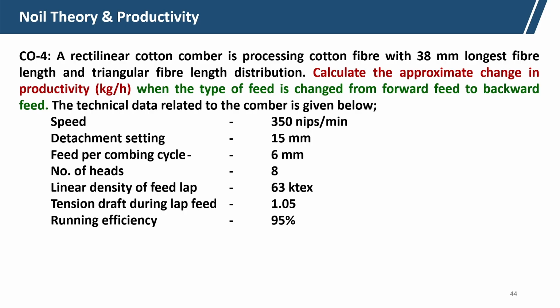Calculate the approximate change in productivity in kg per hour when the type of feed is changed from forward feed to backward feed. As we have seen, forward feed and backward feed affect the Noil percent. So, here the Noil percent will be different and the other parameters will be the same as the earlier numerical.